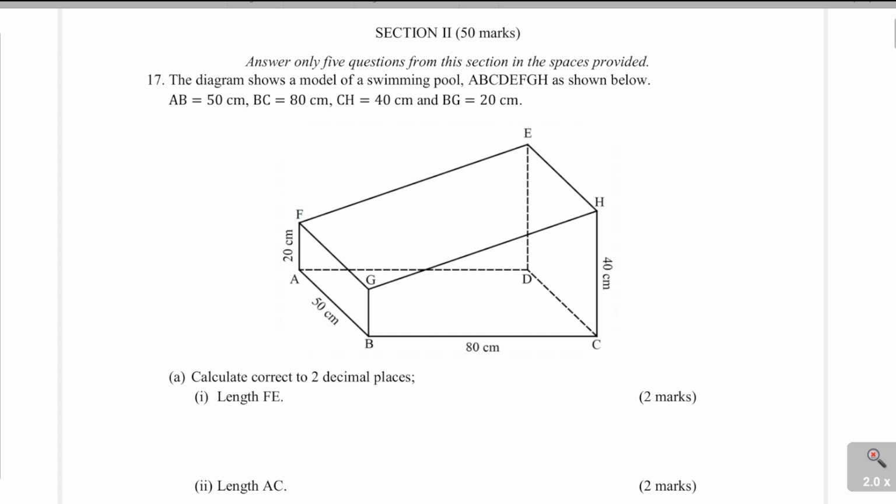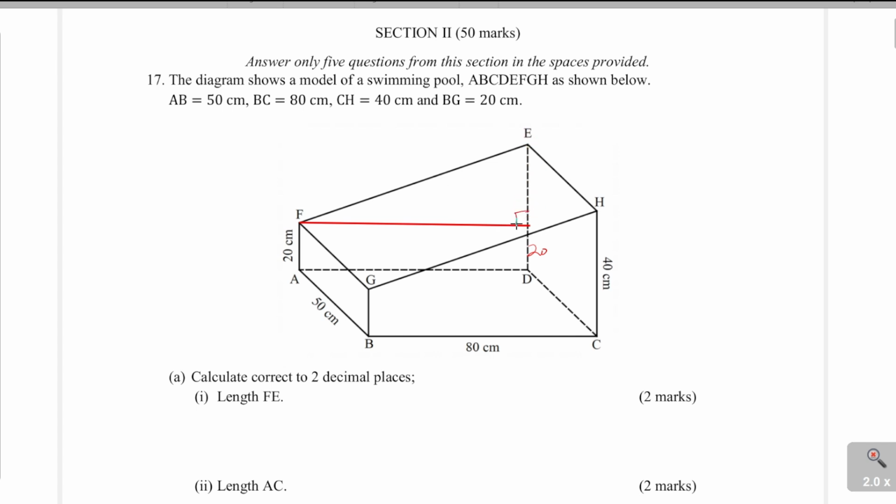If we are able to draw a straight line from F all the way to that point, and that is 20 centimeters. Also this height here is 20 centimeters, and since the whole height is 40, it is the same with this one, and this one is 20, so this will be 20 as well.